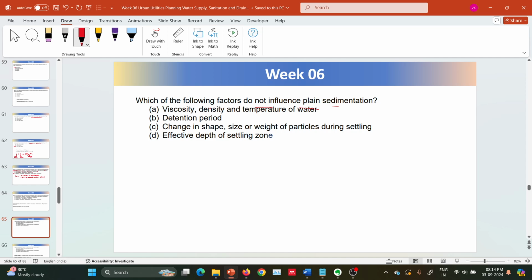Which of the following factors do not influence plain sedimentation? There are four types of settling. Plain sedimentation is type 1 settling, called discrete settling.